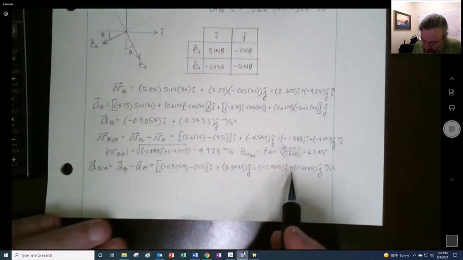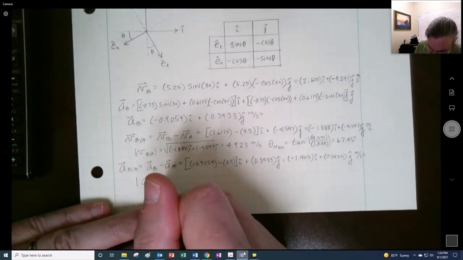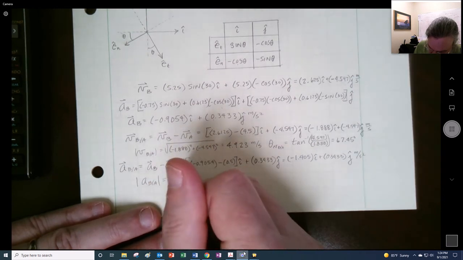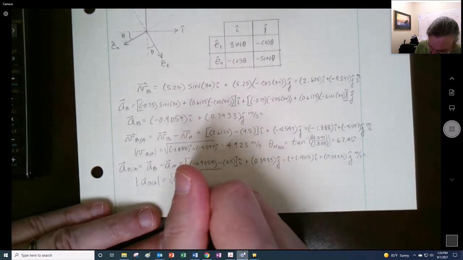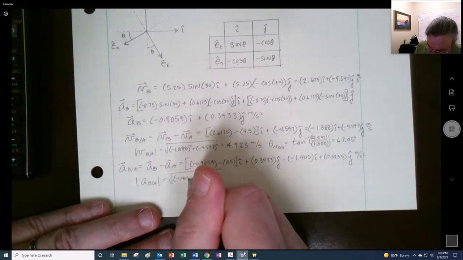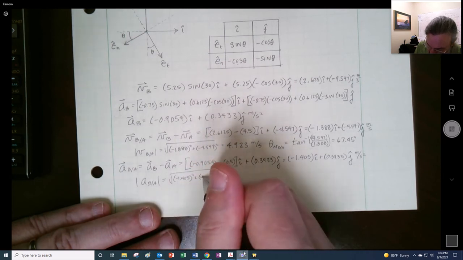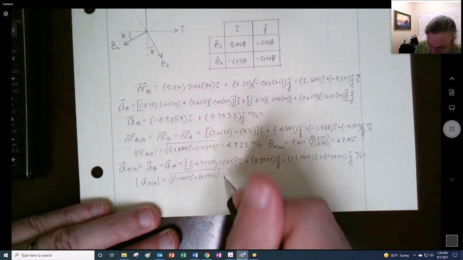All right, so there's that answer, but it's best to, once again, get the magnitude and direction of this. So that's going to be the square root of negative 1.405, I don't always put the negative inside there because why bother, it's getting squared, right, plus 0.3433 squared.